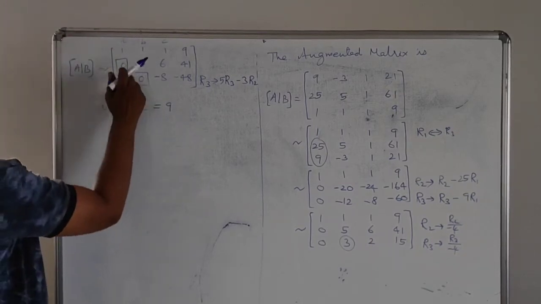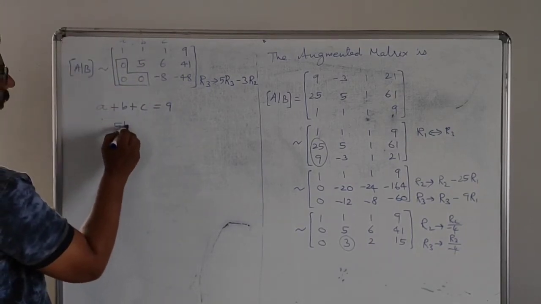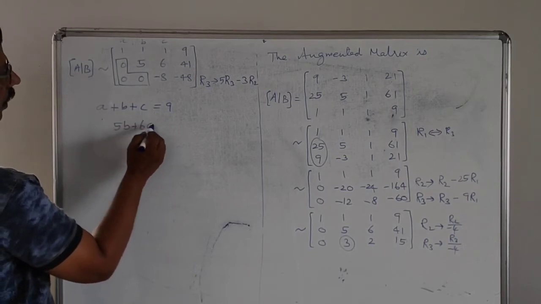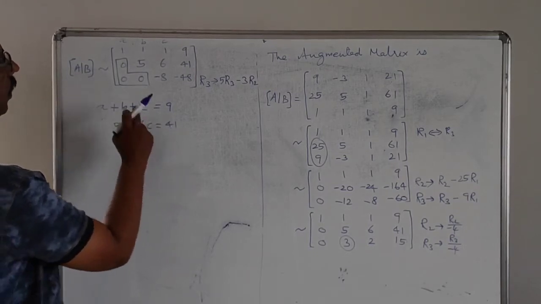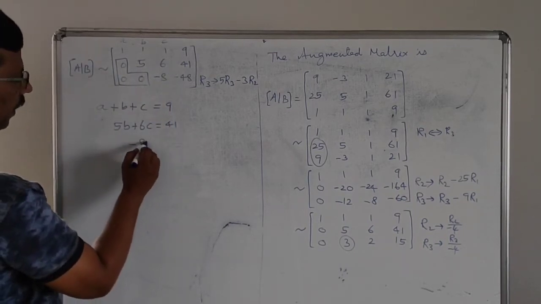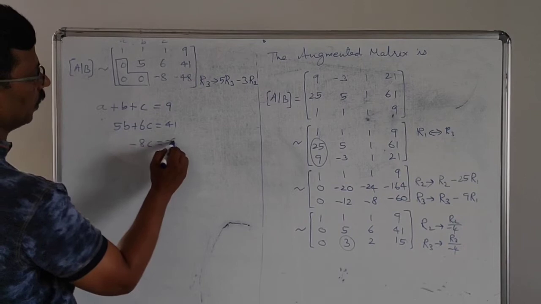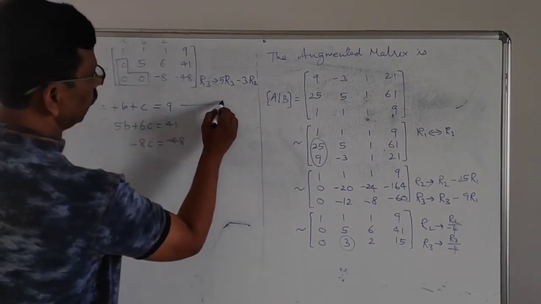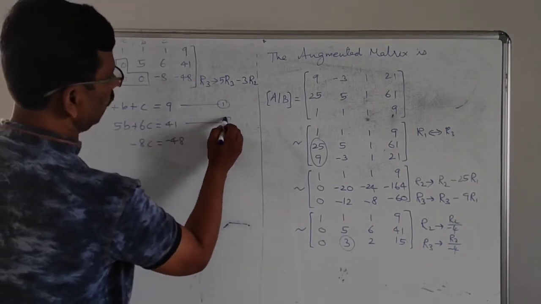Then 0A plus 5B plus 6C equal to 41. Then the third row is 0A plus 0B minus 8C equal to minus 48. Now this is equation number 1, this is equation number 2.